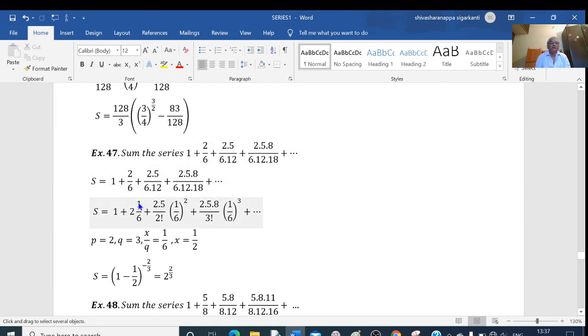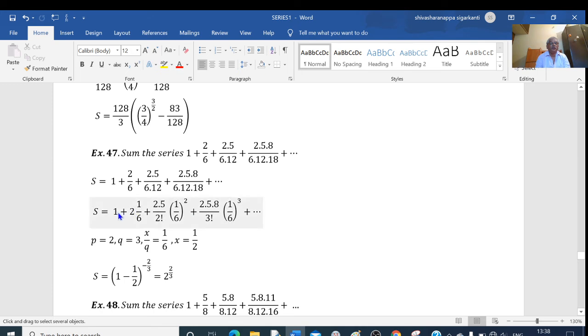I will write this as 2 into 1 by 6, plus 2 into 5 as it is. The denominator can be written as 2 factorial into 6 square, which means 2 factorial, and 1 by 6 whole square in the numerator, plus 2, 5, 8 divided by, this can be written as 3 factorial into 6 cube, that is 3 factorial into 1 by 6 cube.